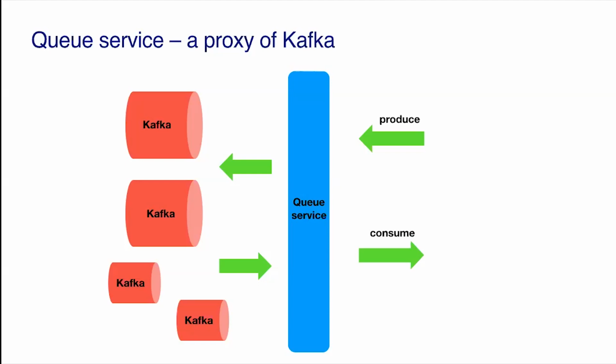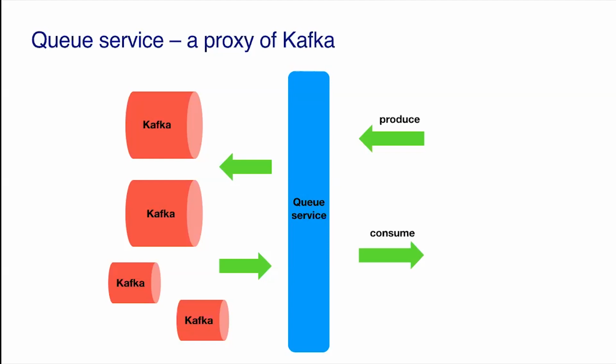Additionally, we want to be able to support more use cases and more requirements in a much easier way. So with those goals in mind, we built this queue service in the past year. Conceptually, it's very simple. It's simply a proxy in front of Kafka. We are basically isolating Kafka physical clusters from our users.